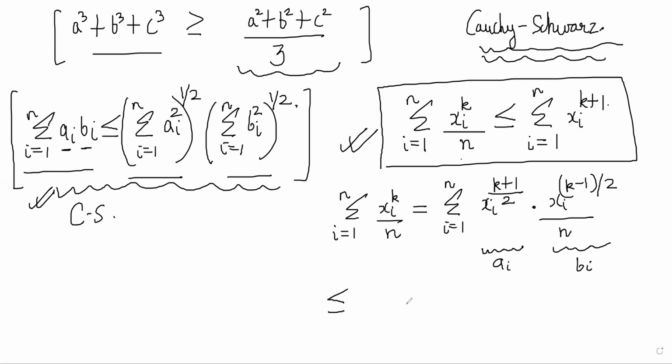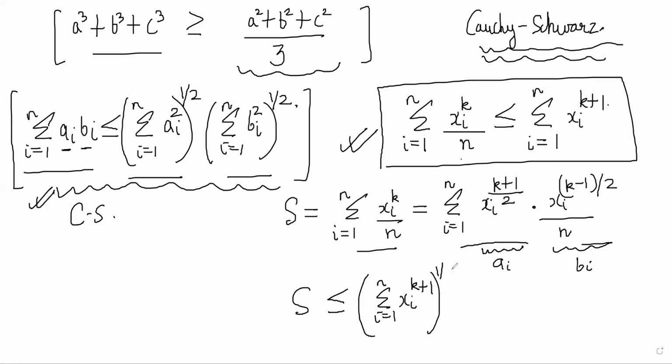So let's say this is S. S is less than or equal to, we'll square each term, summation i goes from 1 to n of xi power k plus 1, and the whole thing is power half, multiplied by summation i goes from 1 to n of xi power k minus 1, divided by n square, and this is also power half.